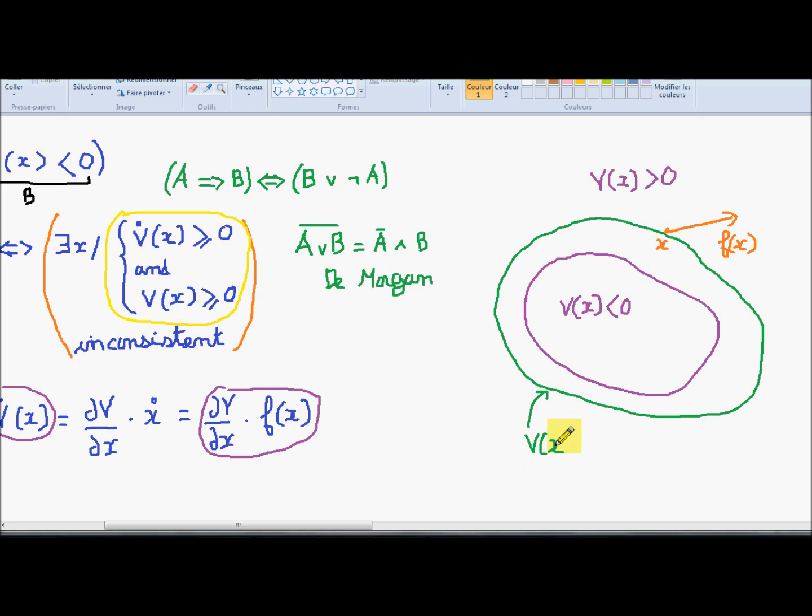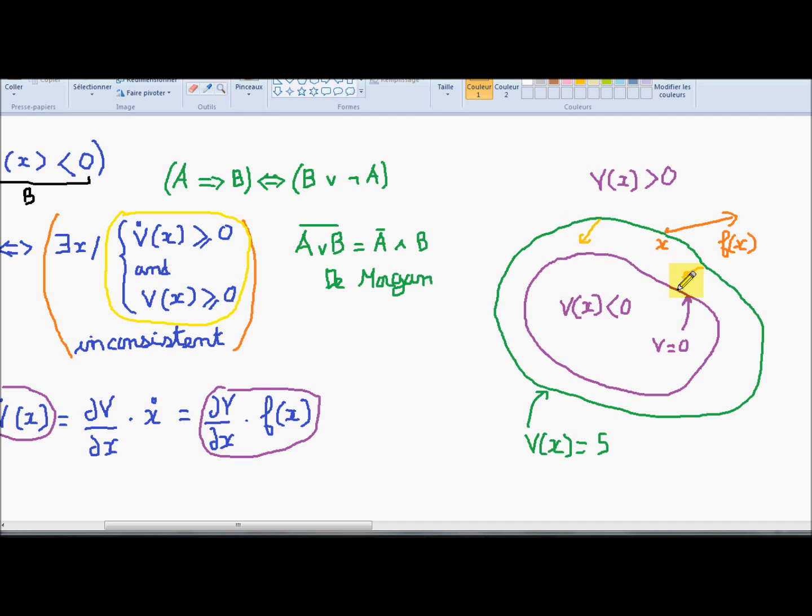Here, just here, V of x is 0. Here it is 5. If I have this situation, it means that V dot is clearly positive, so I'm going out. So if I have this situation, then I am not V stable. So of course we understand that if this is not the case, all arrows will be like this.